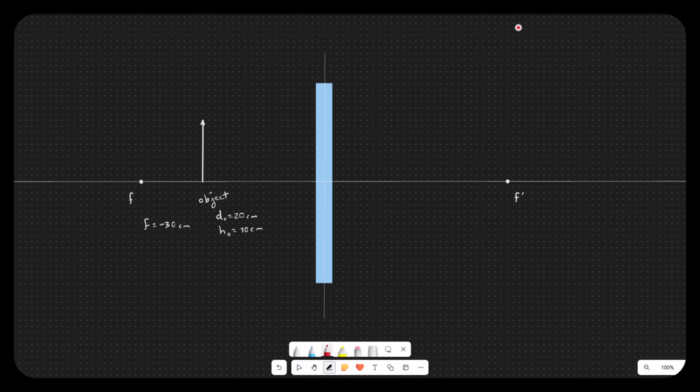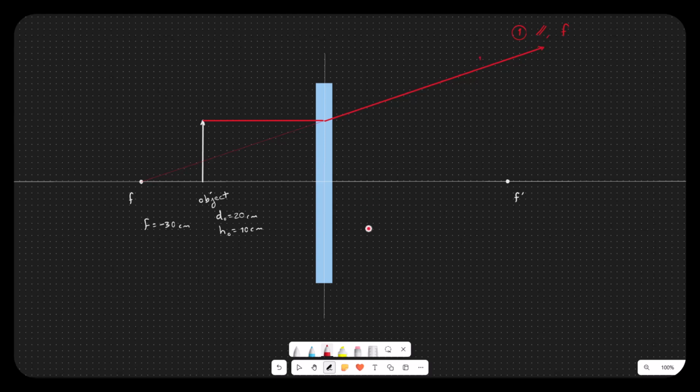I'm going to draw my first ray, and that is going to go parallel to my axis and then through F. So parallel to my axis, looks like that. And then through F would be that. So I get an exit ray that looks like this.